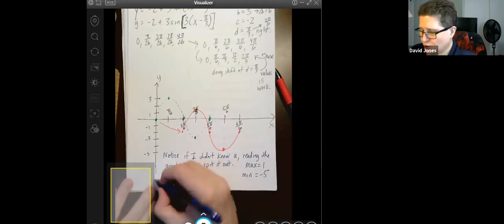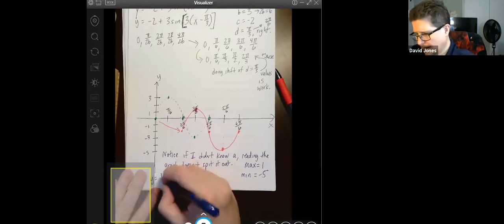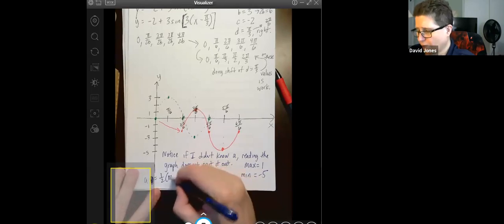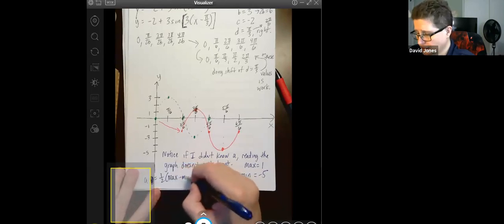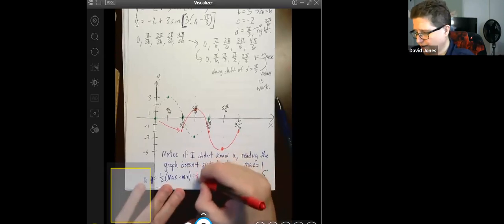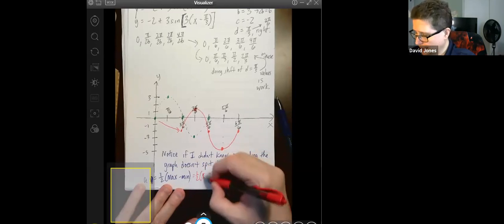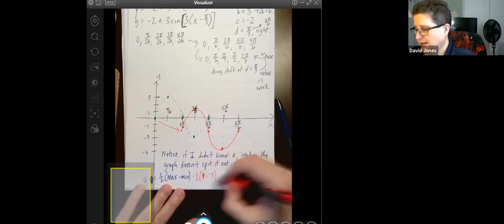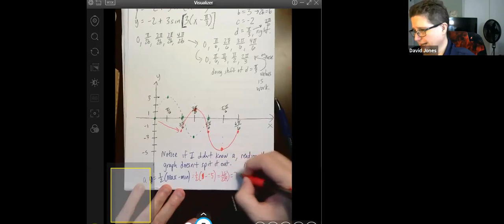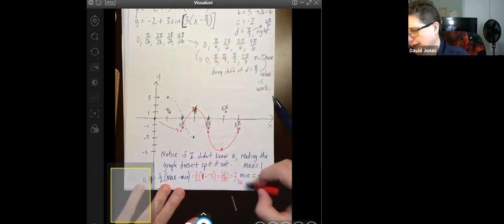And I had said A equals 1/2 of max minus min, which here is 1/2 of 1 minus negative 5, which is 1/2 of 6, which is 3. And that gives us our amplitude, A.